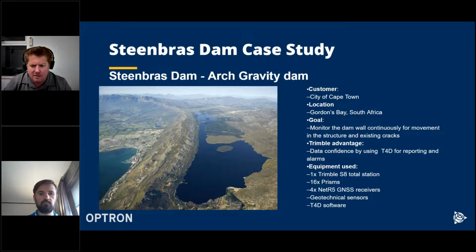So we have one Trimble S8 long range FineLock total station. We have about plus minus 16 prisms. I think there's a bit more. We've got 4 NetR5 GNSS receivers as well. We've got quite a wide mix of geotechnical sensors, you'll see later. And then obviously we have the T4D software.